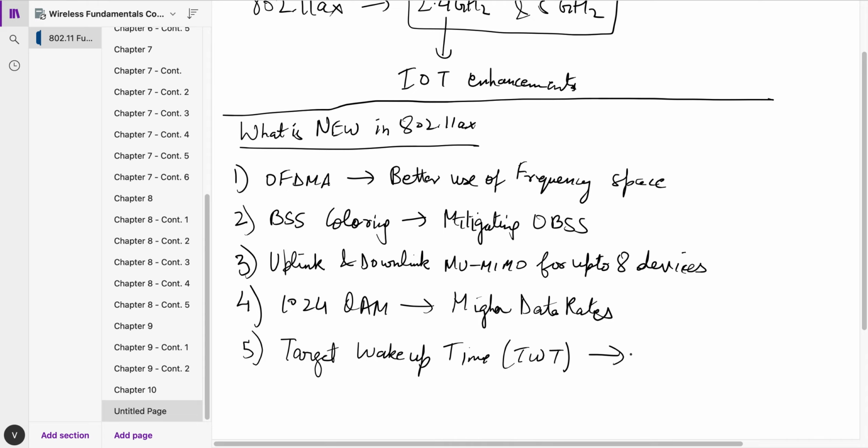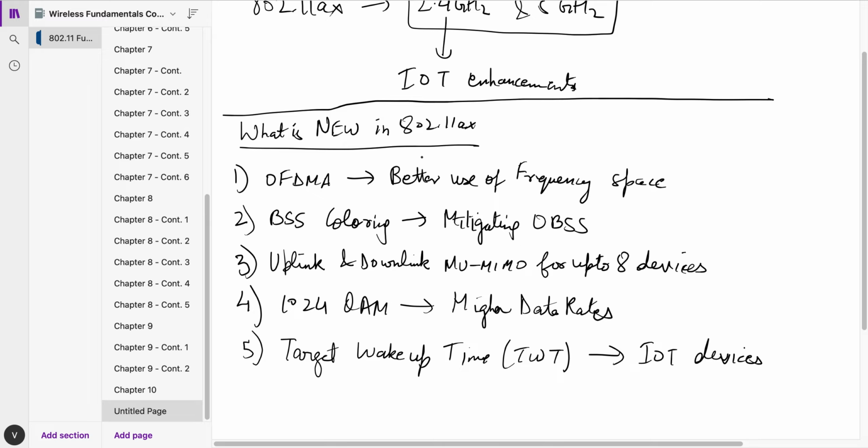This is the enhancement for IoT devices for their battery consumption, because IoT devices, there will be times when they're not even touched for months, right? Or even more than that sometimes. So target wake time is an enhancement in .11ax, which works great for IoT devices, right?